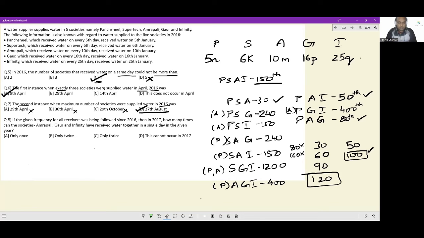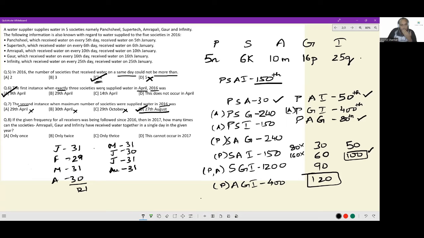The other way to do it, of course, is by doing it for every month, the mathematical way. Jan has 31, Feb has 29, March has 31, April has 30: 61 and 60. So 121 days are done. Then we have May, June, July, and August. May is 31, June is 30, July is 31, and August is 31 again.